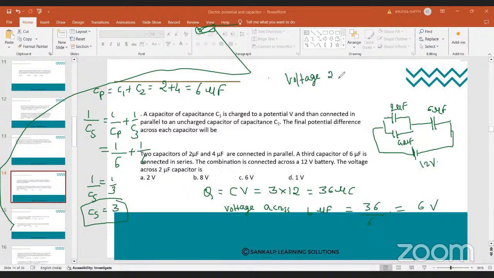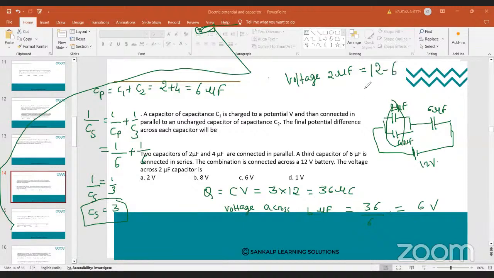So voltage across 2 microfarad or 4 microfarad you can take, because they are in parallel, the potential voltage of both is the same. So that is equal to the total voltage of the circuit, 12, minus what we got across the 6 microfarad, which is 6.